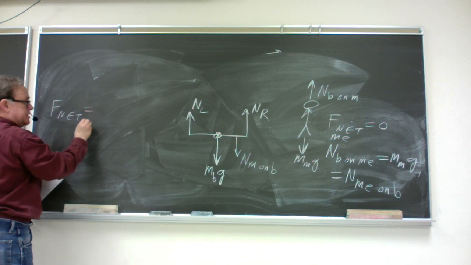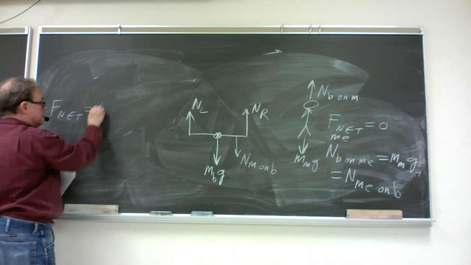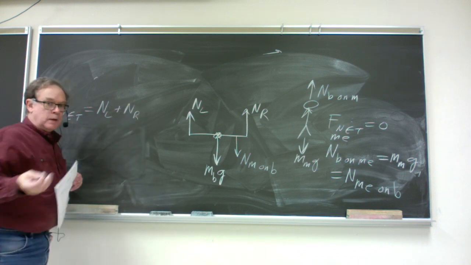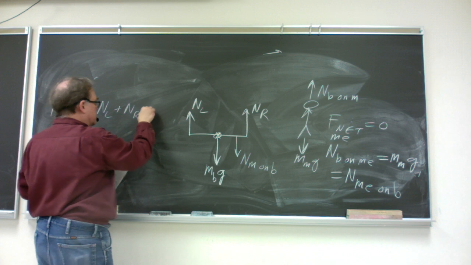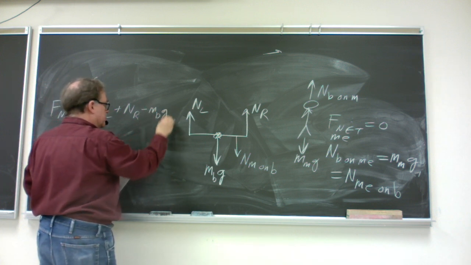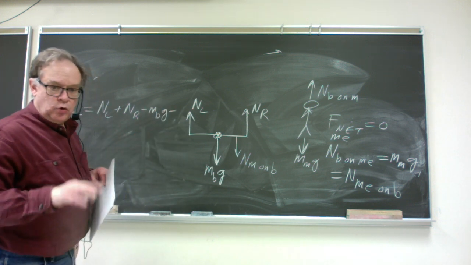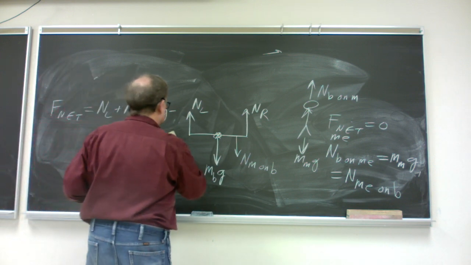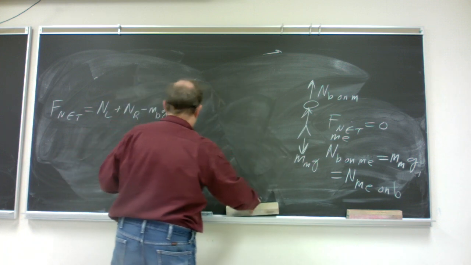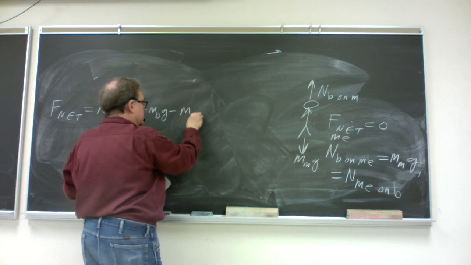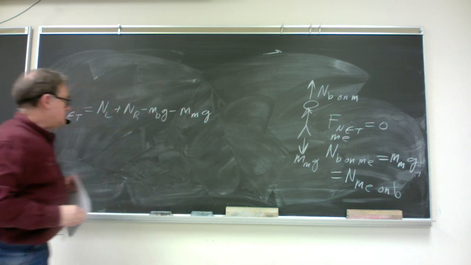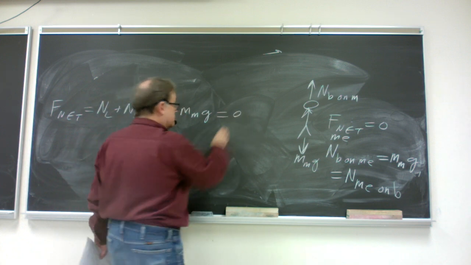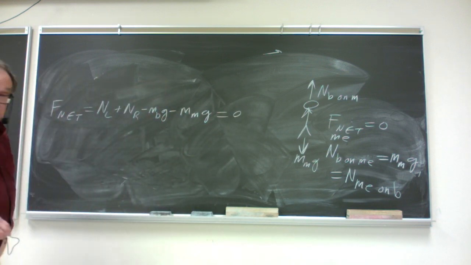The net force, which is 0, is just all the upward force, normal force from the left block plus normal force from the right block, minus all the downward force, which is the weight of the board, minus the normal force from me on the board, which is equal to my weight, mass of me times g. And of course, that's all going to add up to 0.